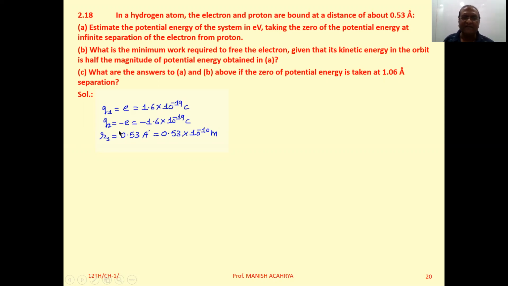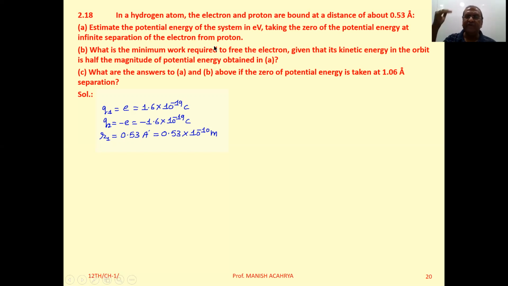Another charge, that is charge of electron, that is minus e, minus 1.6 into 10 raised to minus 19 coulomb. Then separation between those two, that is 0.53 angstrom, that is 0.53 into 10 raised to minus 10 meter.